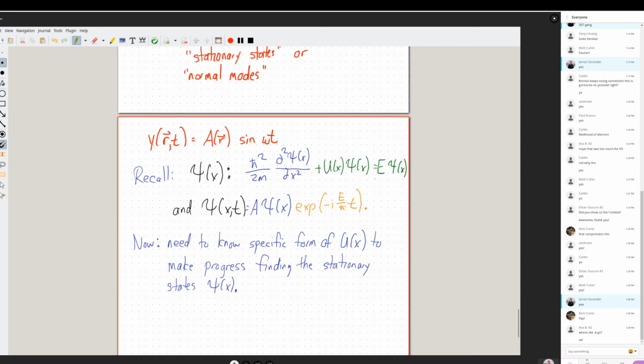So this was the equation we had, this guy, for the spatial part. And notice that I have this term in blue, which is the position space derivatives of psi, plus a piece that depends on the potential, equals the energy times the wave function.